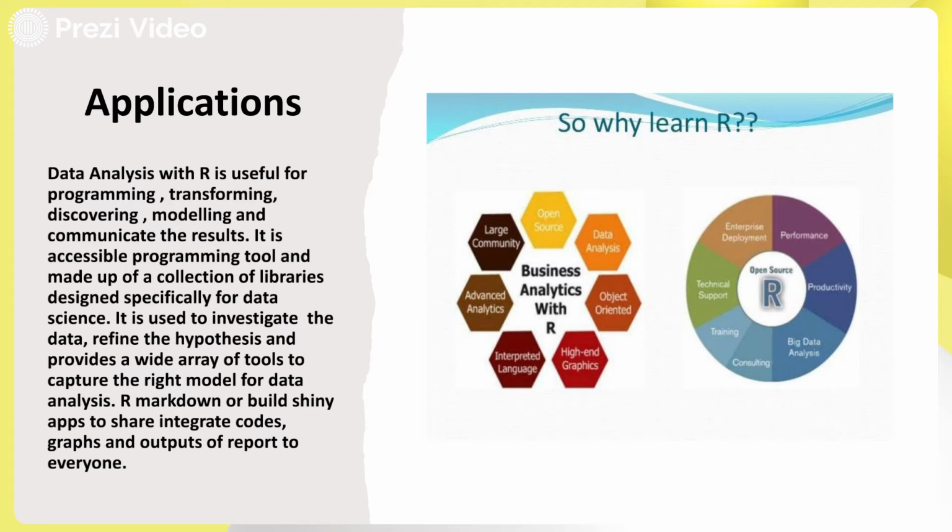Data analysis with R can help you in different programming, modeling, or various calculations, whether transforming the data or discovering. It basically helps you in analyzing statistical results. It is also an accessible programming tool, so by following sequential step-by-step procedures, you can derive the results.